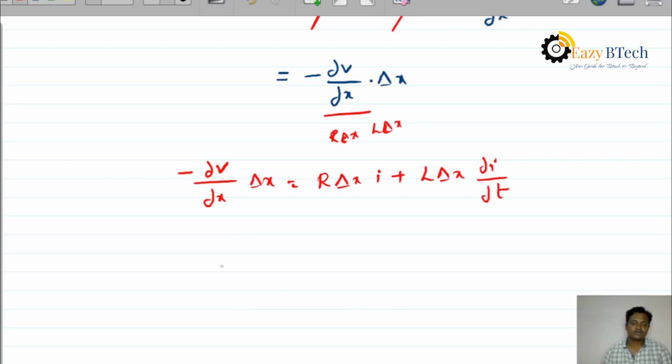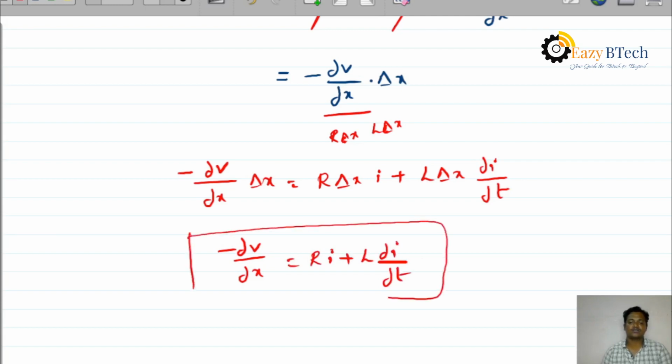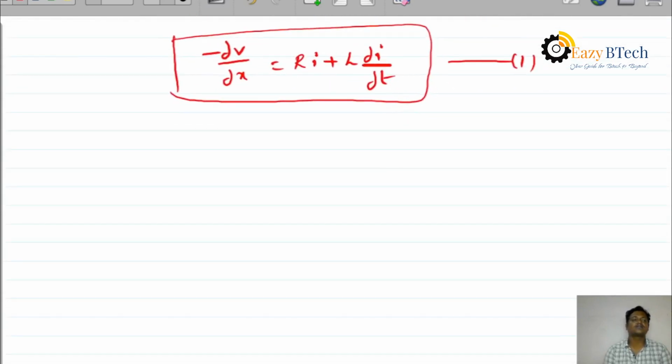From this, minus dou v by dou x equals R I plus L dou I by dou t. This is equation 1.